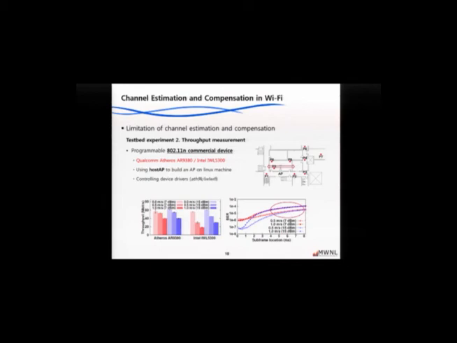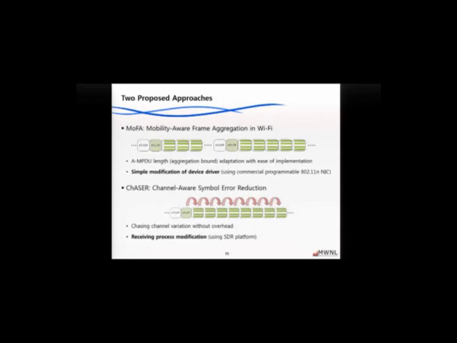This is with, again, Qualcomm Atheros and also the Intel 11n chipset. In an environment where there's a single AP and one mobile moves around, depending on the mobility, again from 0 meters per second to 1 meter per second, and depending on the signal strength, 7 dBm and 15 dBm, for both the Atheros chipset and the Intel chipset, we measure throughput and also bit error rate for different subframe locations, okay?